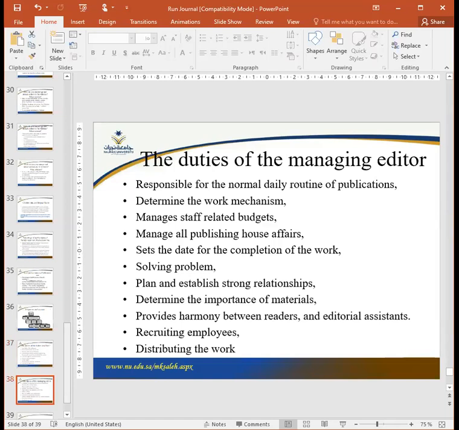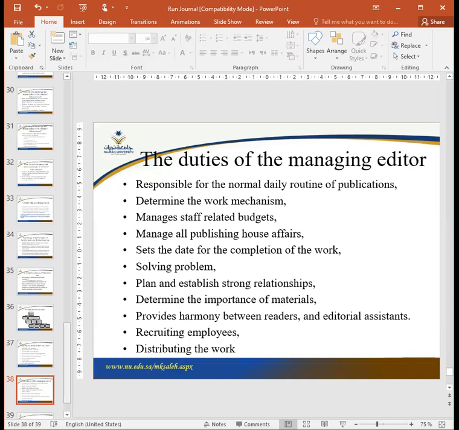On the other hand, the managing editor is always responsible for the normal daily routine of publication and for reporting to the editor-in-chief. Determine the work mechanism and ensure that it is completed on time. Third, manage staff-related budget and manage all publishing house efforts to avoid getting into trouble.